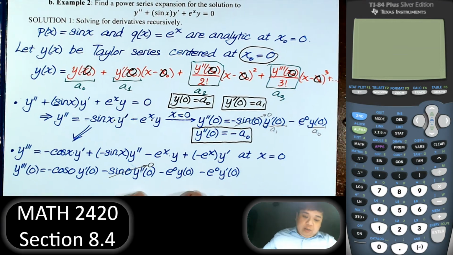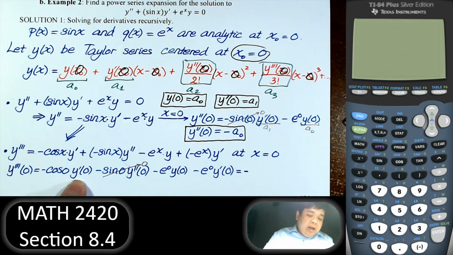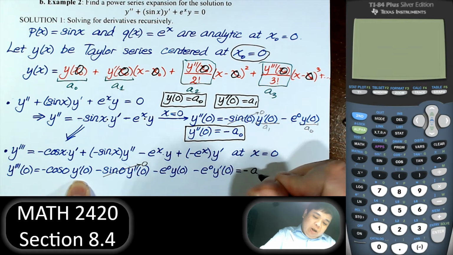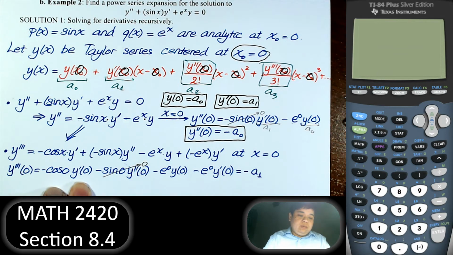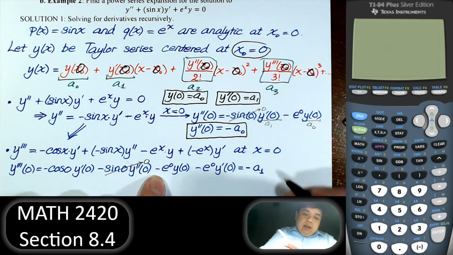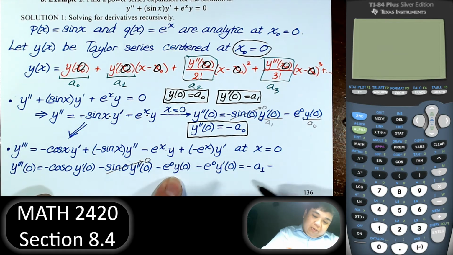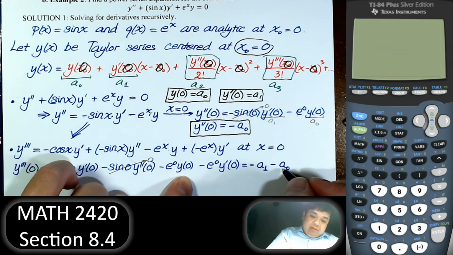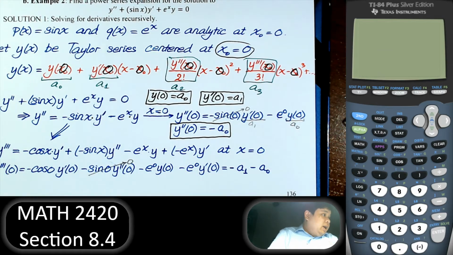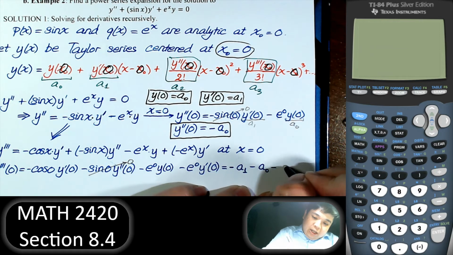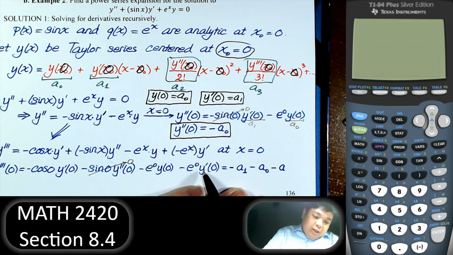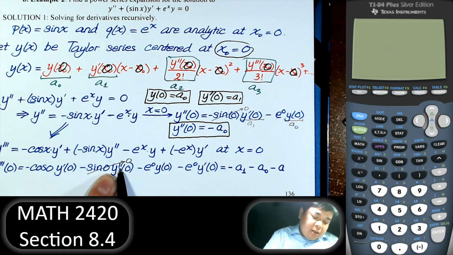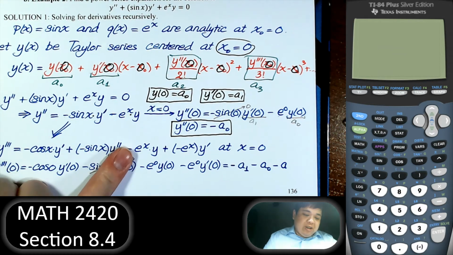Negative cosine of 0 is negative 1, and y prime at 0 is a1, so that gives negative a1. The second derivative term goes to 0, so that doesn't matter.